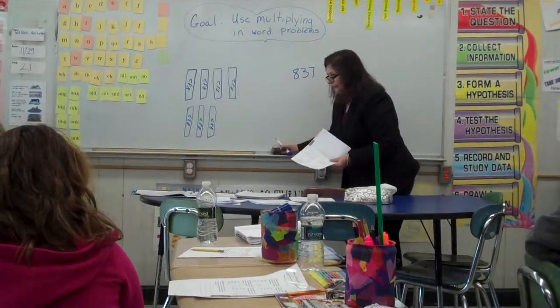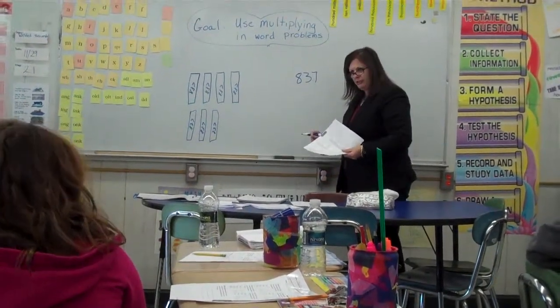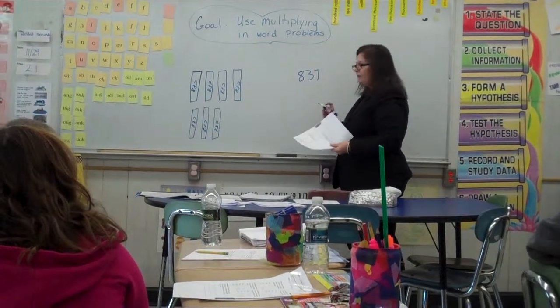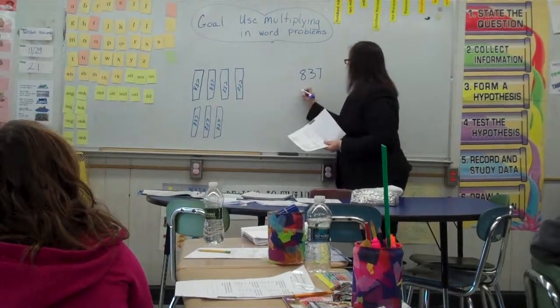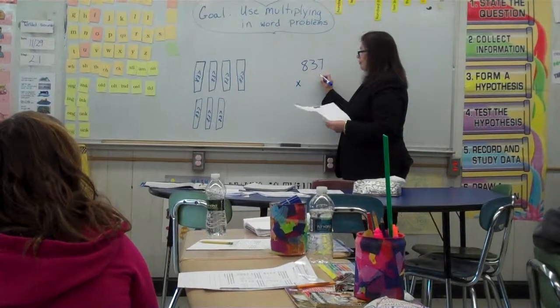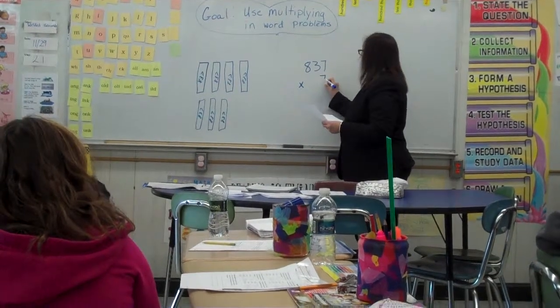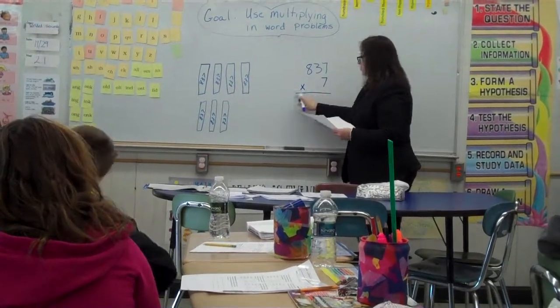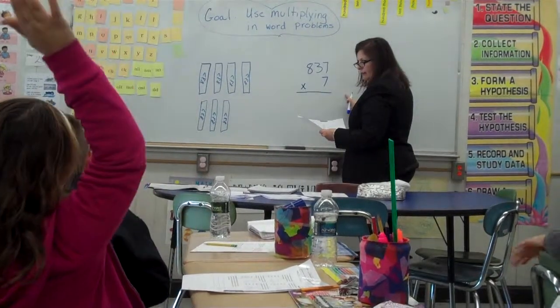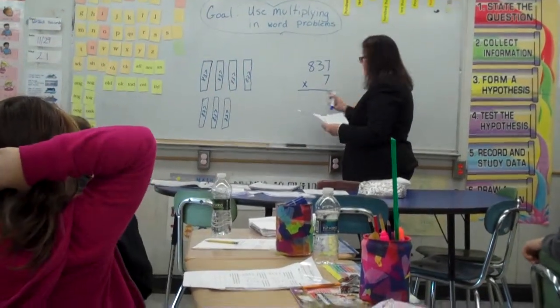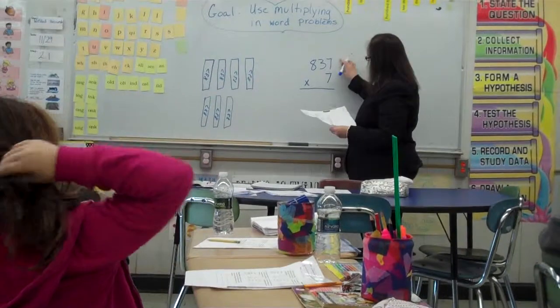What do I need? Like a line. What's my operation? Multiplication. So I put this, and what's my other number? 7. You got it. Now we put this. What does this line mean? The answer. Well, it means equal. What this is going to equal.